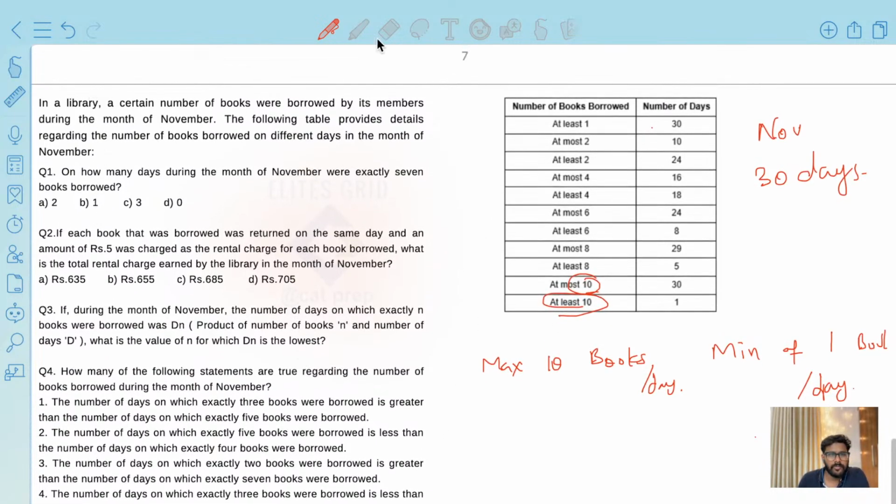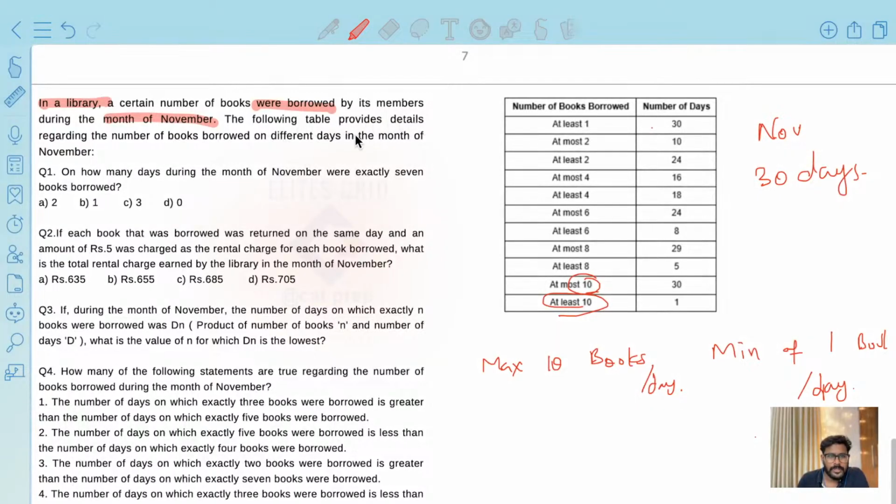In a library, a certain number of books were borrowed by its members during the month of November. The following table provides details regarding the number of books borrowed on different days in the month of November. Shall I go through the questions?